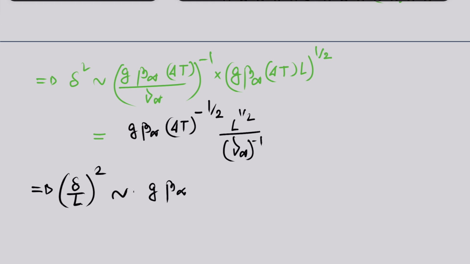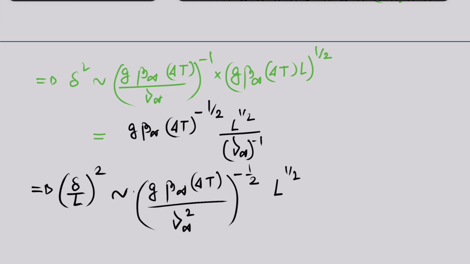So g beta delta t, now I can write here this square nu infinity square whole to the power minus half, so L to the power half, okay, by L square, right. So that means this will be into L to the power minus 2. Now half minus 2 will be what? So this will be minus 3 by 2, right. So minus 3 by 2.